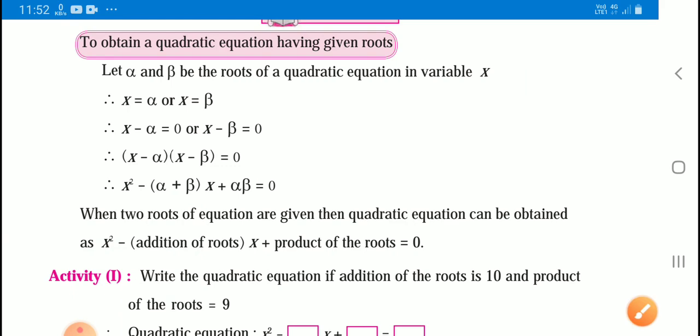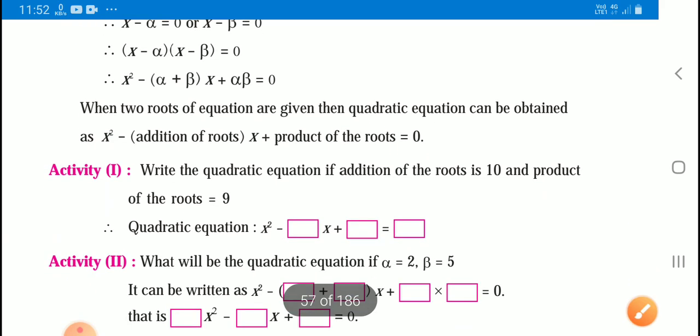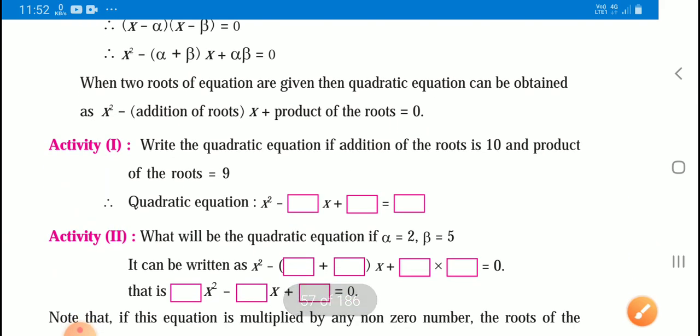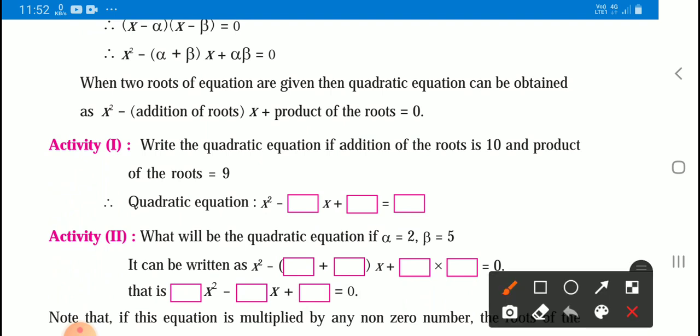Now we will see the activity based on this. Write the quadratic equation if the addition of the roots is 10 and the product of the roots is 9. What is meant by this? Addition of the roots means alpha plus beta is equal to 10, and product means alpha into beta is equal to 9.